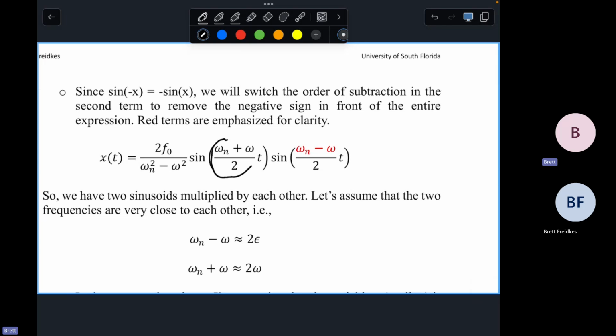So we have this frequency, which is large or small? Large. Omega plus omega over 2 will be a big number. This is the large frequency, which is based on the oscillations of the mass, not the envelope of the amplitudes.